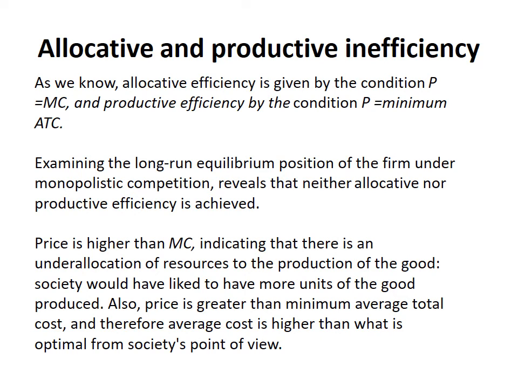So again, examining that, price is higher than MC, indicating that there's an under-allocation of resources to the production of the good. Society would like to have had more units of the good produced. Also, price is greater than minimum average total cost, and therefore average cost is higher than what is optimal from society's point of view.